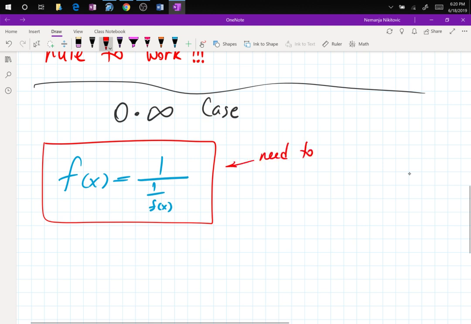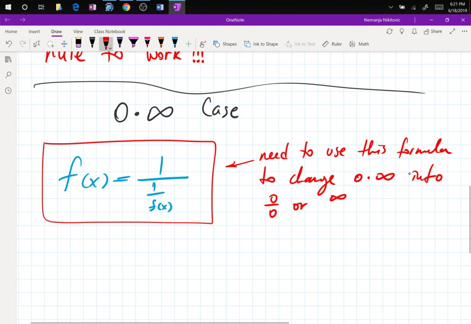So you need to use this formula to change 0 times infinity into 0 over 0 or infinity over infinity. Depends which way it lands.